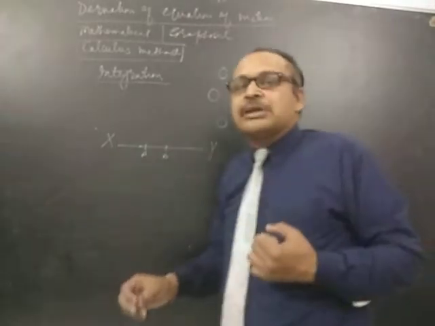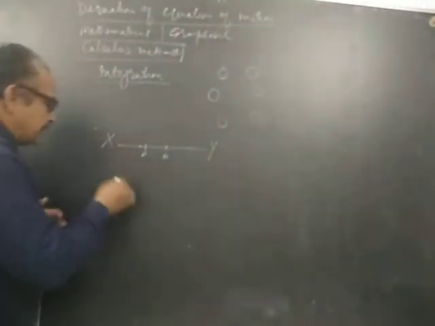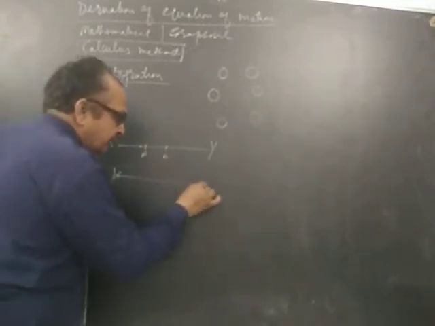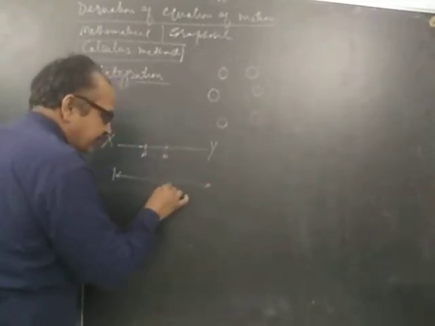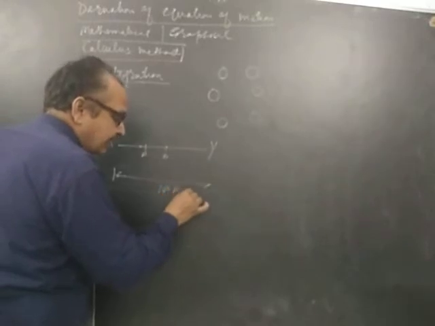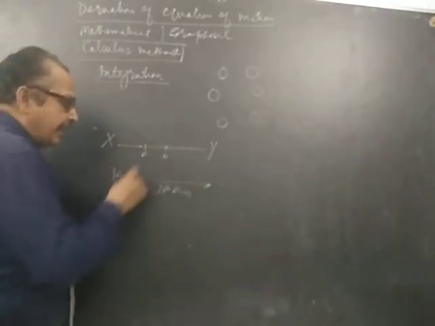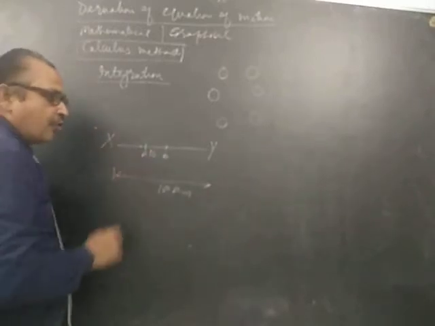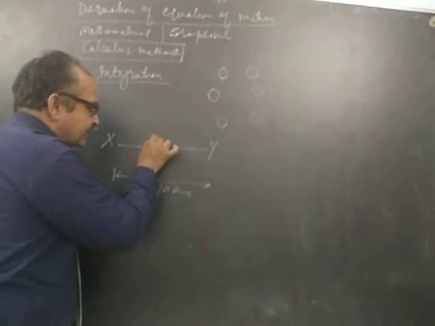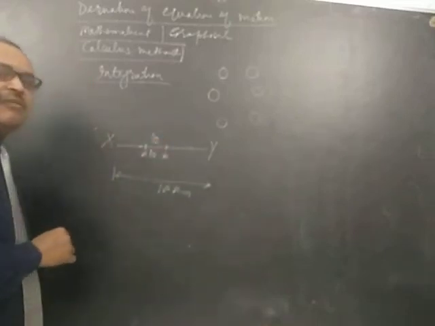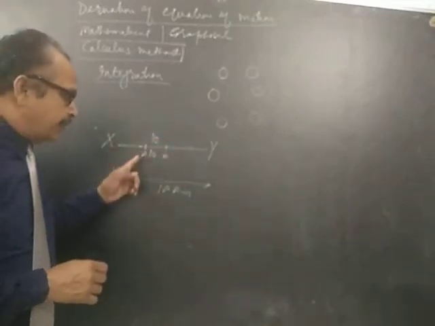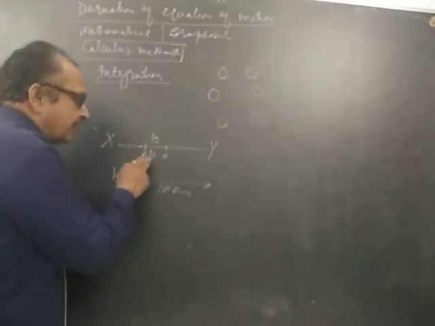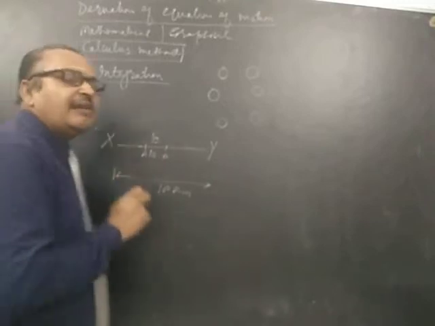For example, let me tell you, just try to understand. Suppose the distance between X and Y is, let us say, 100 kilometers. A body travels a distance of 10 kilometers from A to B in, let us say, half an hour.